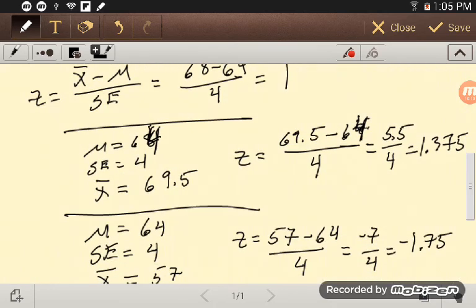Then in the next case, I had a difference of 5.5. Oh, but there's 4 inches in a given standard error, and so 5.5 divided by that 4 is 1.375, or at least I think it is. And same down here. I dropped from 64 to 57. I dropped a total of 7 inches. But I don't want inches, I want standard errors, so 7 inches divided by 4 inches, I get 1.75, but it was negative, so negative 1.75.